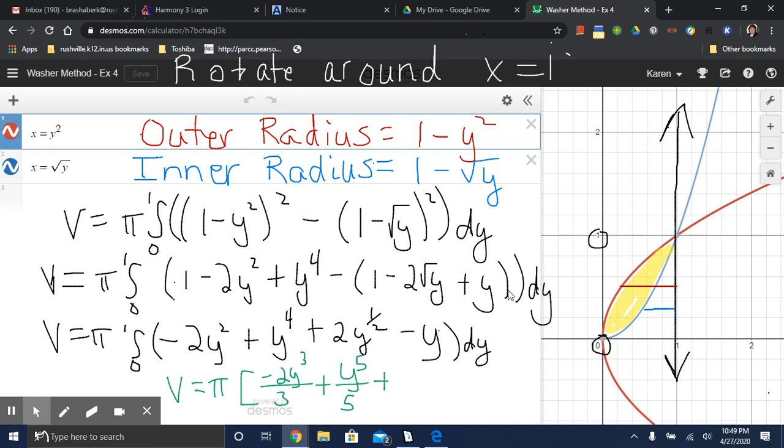So when we simplify that, we will get 4/3 y to the 3/2, and then minus y squared over 2. This is evaluated from 0 to 1. And so for our final answer, we'll have a volume equaling 11 pi over 30. Volume equals 11 pi over 30.